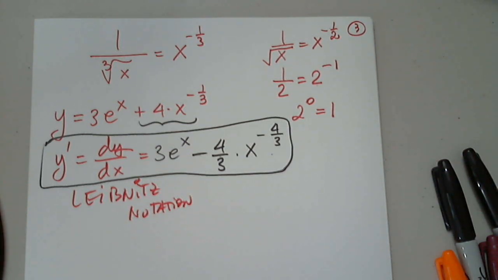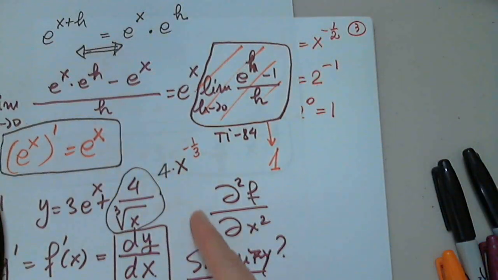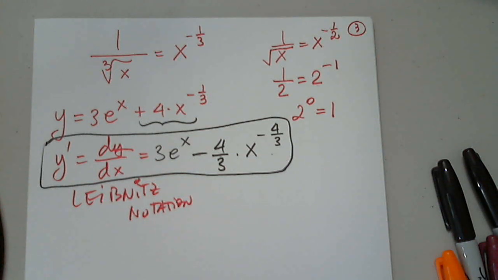When they're asking us to find dy over dx, it means that t is a constant. If they're asking us to find dy over dt, it means that x is a constant. In this notation, we cannot have more than one variable. This is the notation for multiple variables, not this. So the function has only one variable.